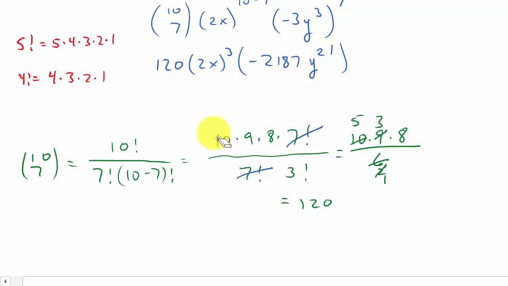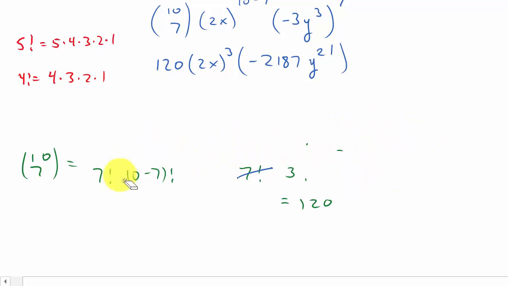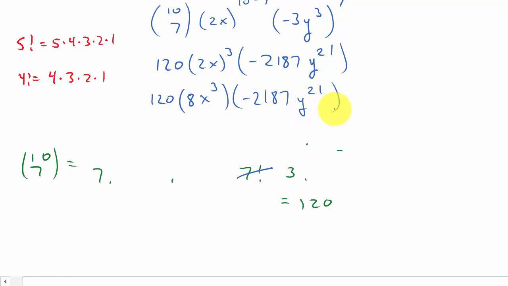Okay, let me move this out of the way so we'll have some room here. All right, and so now we have, let's see, 120 times, and then I've got to cube this. 2 cubed is 8, x cubed is just x cubed, times negative 2,187 y to the 21st.